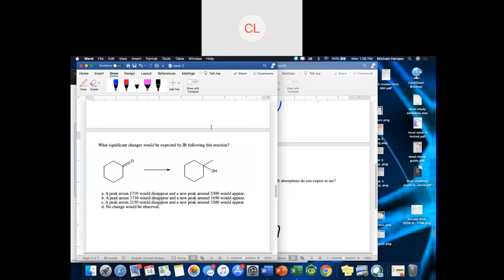Obviously there is a functional group that is changing, so D is not going to be right. And B doesn't even indicate that there is an alcohol in this reaction when really there is, so B isn't an option.